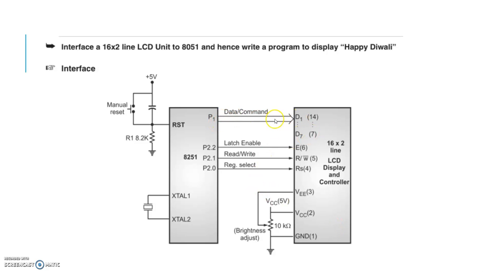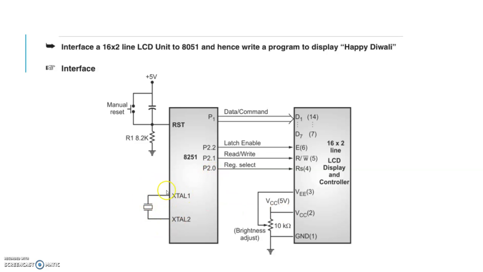So this is the circuit diagram. The command and data bus is connected to port 1, so from port 1 it is connected to D0 to D7. For P2, the latch enable is connected to P2.2, read bar write is connected to P2.1, and register select is connected to P2.0.